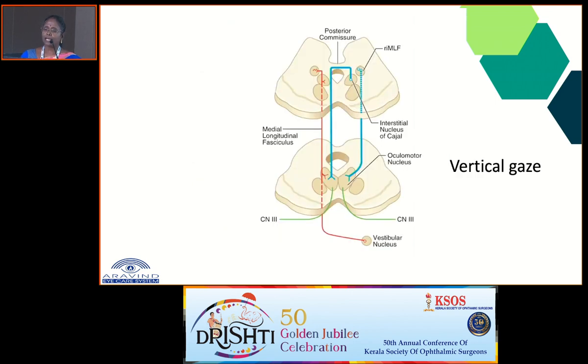For the vertical gaze, as I said, there is a different pathway for upward as well as downward saccades. From the RMLF, fibers go to the oculomotor nucleus, that is, the elevators of the same side for upward gaze. So it is a bilateral representation, one to the same side elevators and also to the contralateral superior rectus as well as the inferior oblique.